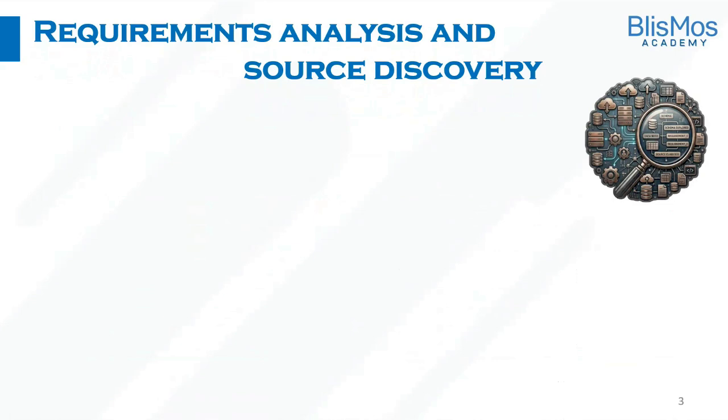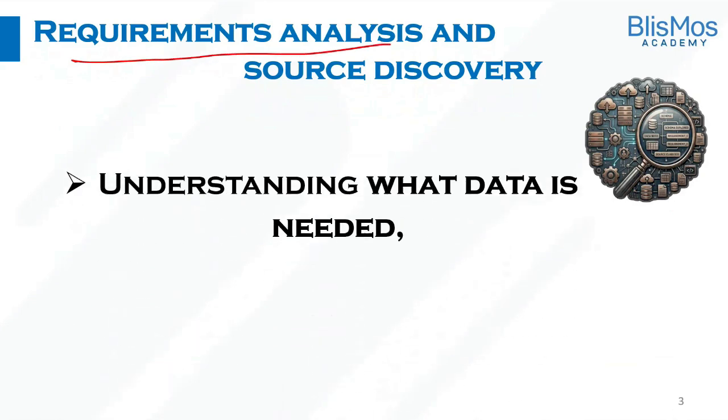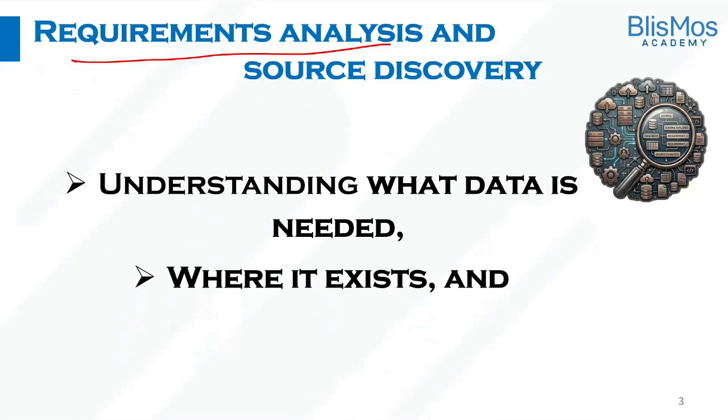The first stage of every data engineering project is requirement analysis. As a part of the requirement analysis, we'll understand what the data is, what kind of data is needed, and where exactly that data exists, in a way, sources.